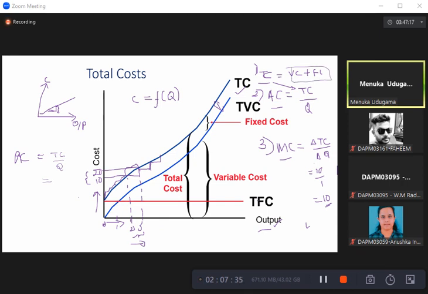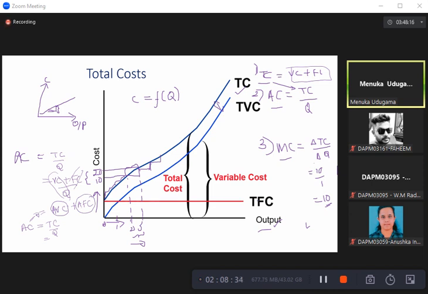This can be written another way, expanded: fixed cost plus variable cost over Q. So dividing both variable cost and fixed cost by Q, we get average fixed cost plus average variable cost. We can find average cost by dividing total cost by Q, or you can divide this separately, and it's average cost equals average variable cost plus average fixed cost, right?